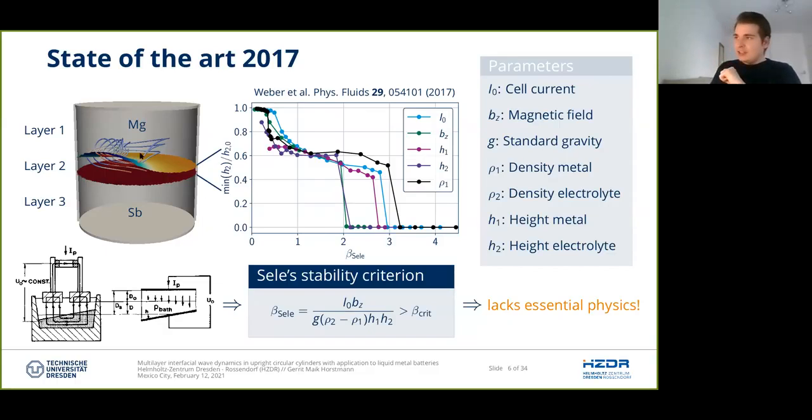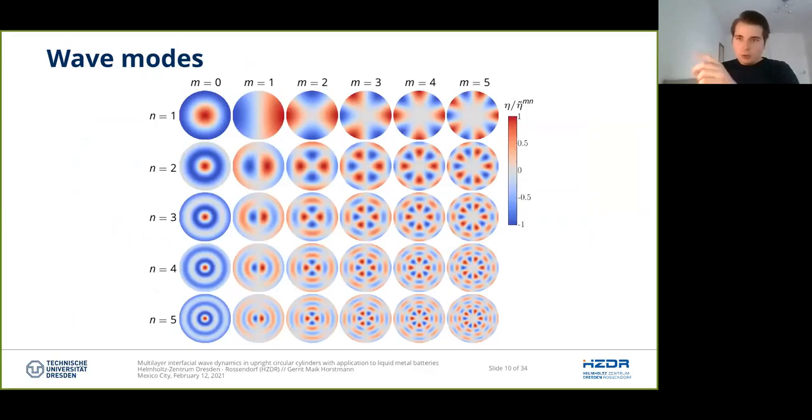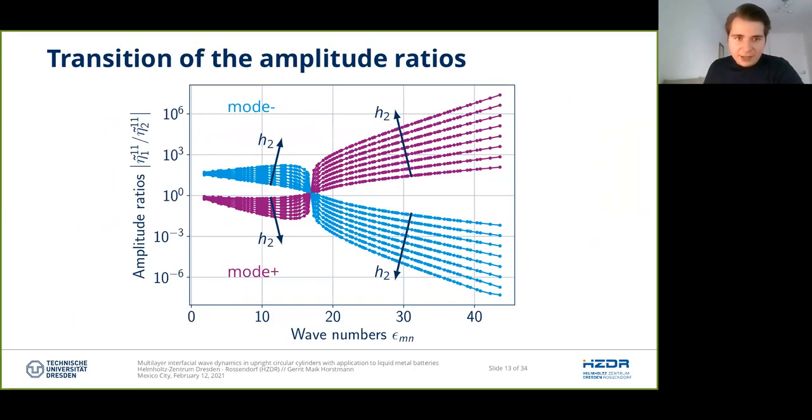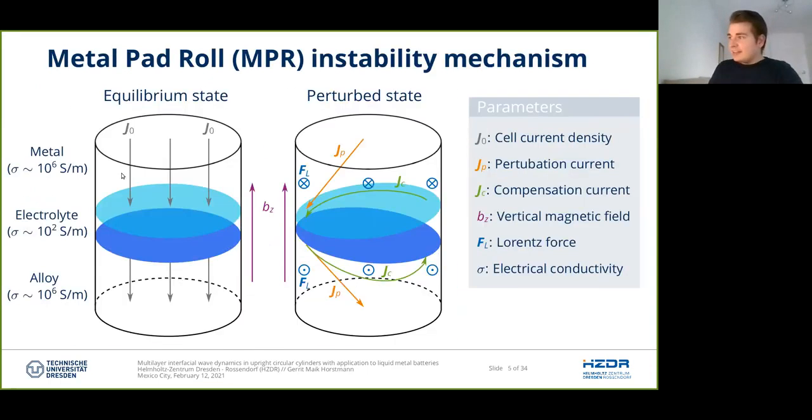So this wave you see here, the direction of rotation is fixed by the direction of the current. There's a nice theory which is proving exactly this fact. I have to go backwards. Yes, you can see it here.